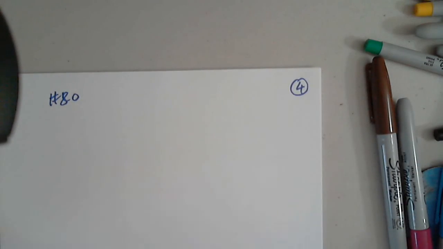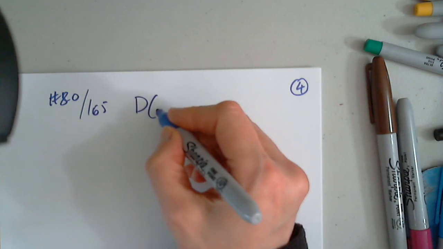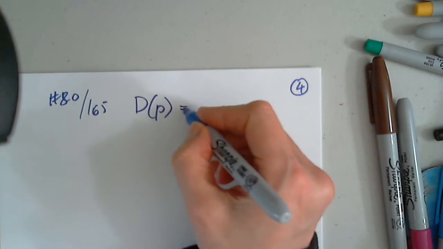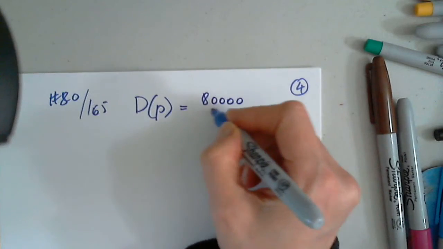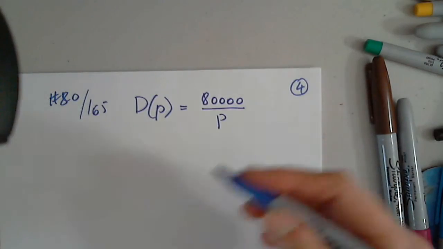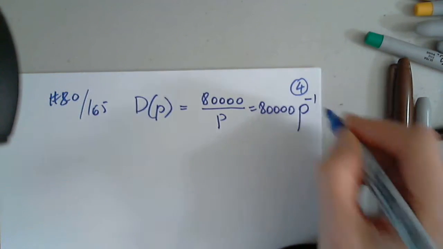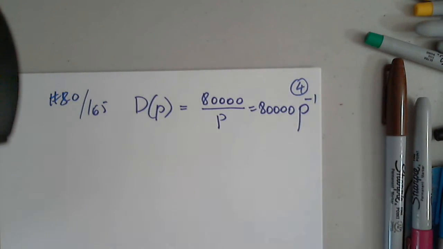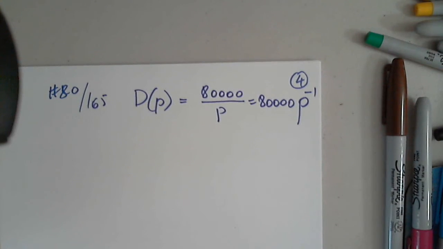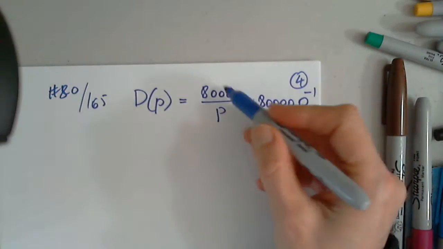Okay, problem 80, consumer demand on 165. Suppose the demand function for a new autobiography is given by D of P equals 80,000 divided by P. I'm not going to use this calculator, no matter what they are asking me to do, unless they're asking me to evaluate, then I will punch it in.